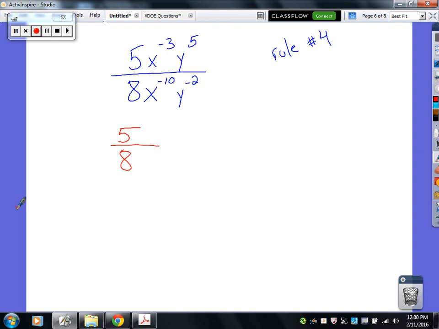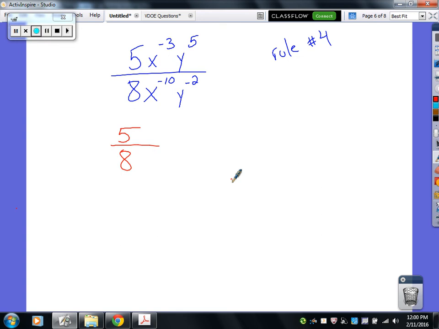Okay? Now, this says x to the negative 3, x to the negative third, right? So what you do is, when you have a negative exponent, here's a key word, you move it. Meaning, this x to the negative third right now is where? It's in the numerator.